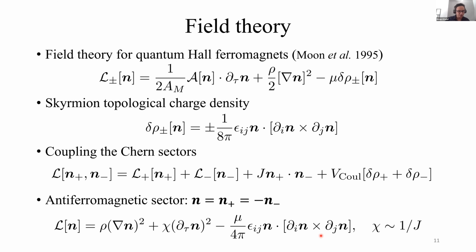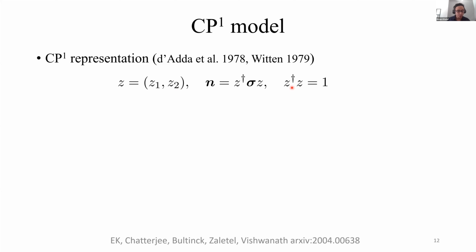This introduces a complex two-component unit vector z, so it has magnitude 1. And we can write n, the 3D unit vector, in terms of this. But of course, this object is complex, so it has 4 components. There is a constraint, so there are 3 free components here, but only 2 free components in n. So there's a gauge redundancy in this description, and it corresponds to the overall phase of z. This doesn't affect n.